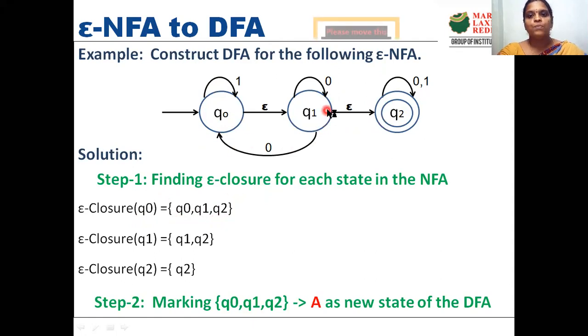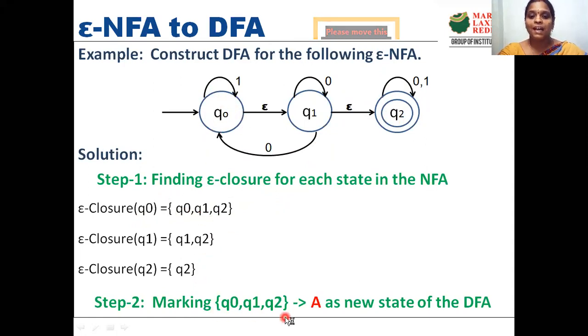The epsilon closure of Q1 is Q1 and Q2. For Q2 there is no move, so it is the state itself. The initial state of the NFA is Q0, and its epsilon closure is Q0, Q1, Q2.